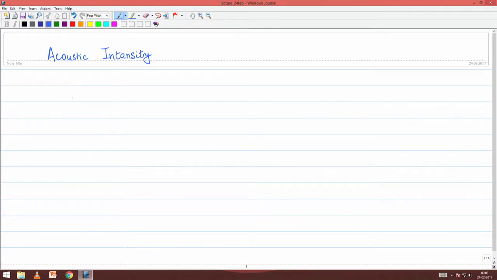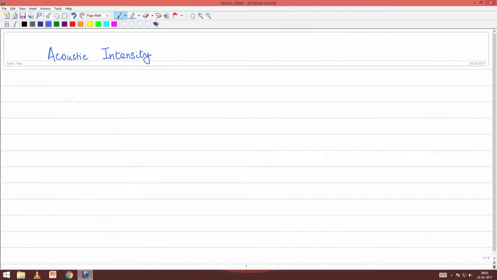But before getting into this topic, let me go back one step and do a similar analogy with the formula that we will get in acoustic intensities. We will try to rederive a similar formula, which is the power calculations for a spring mass system.